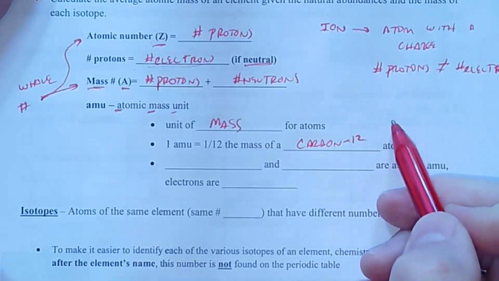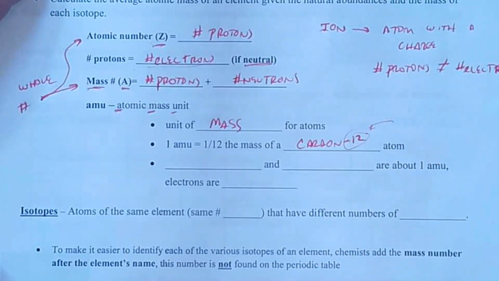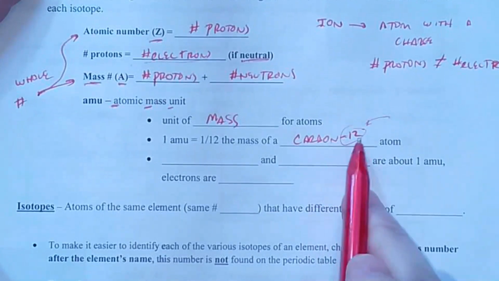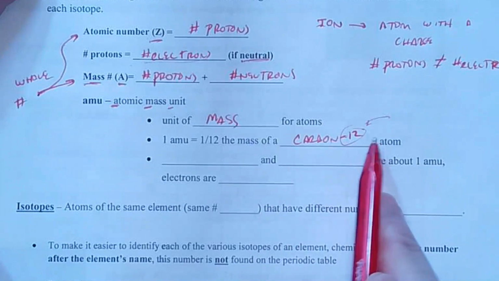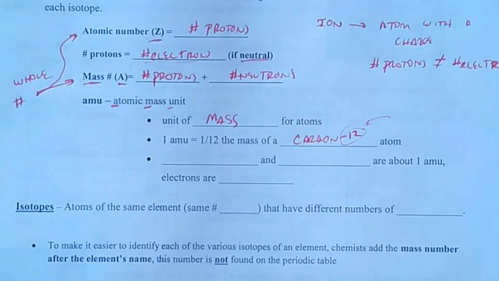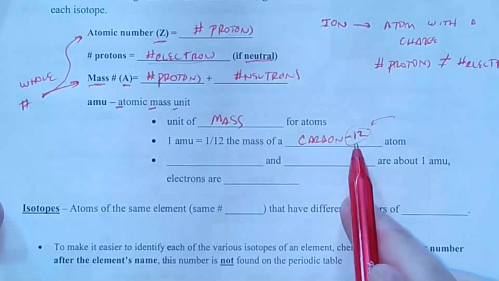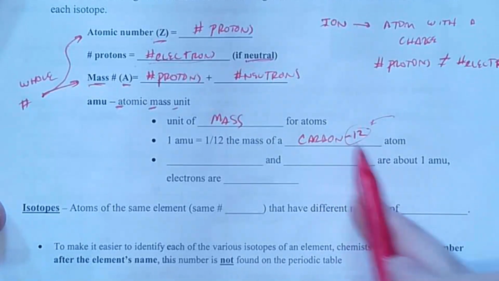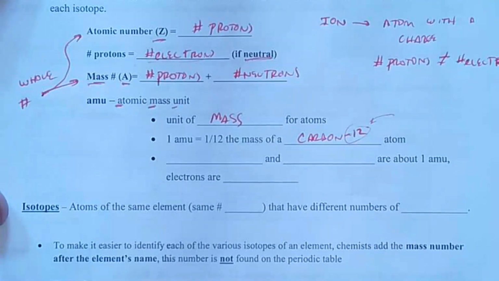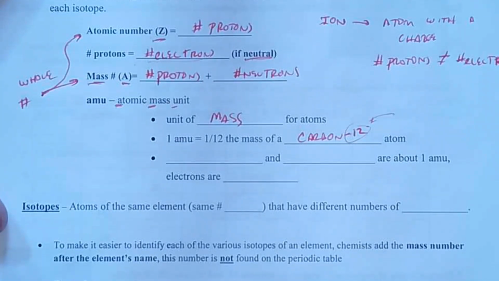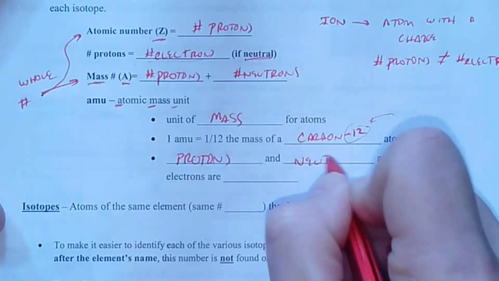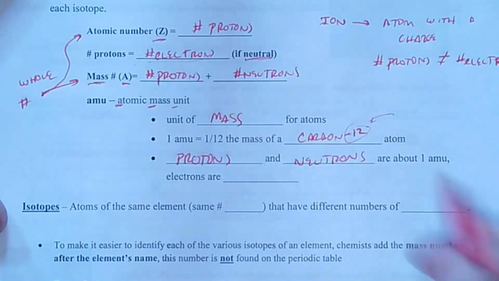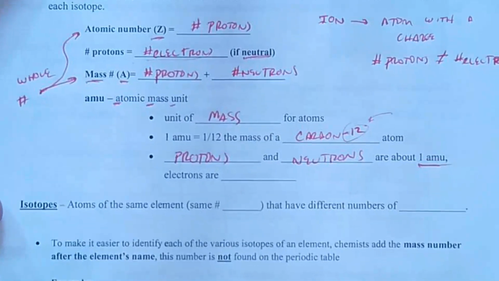And we'll talk about what this represents in a second, because that is the mass number. Whenever you hear something named like carbon 12 or nitrogen 15, some element followed by a number, this is one way of expressing which mass number of that element you're talking about. And we mentioned protons and neutrons are about 1 atomic mass unit each.